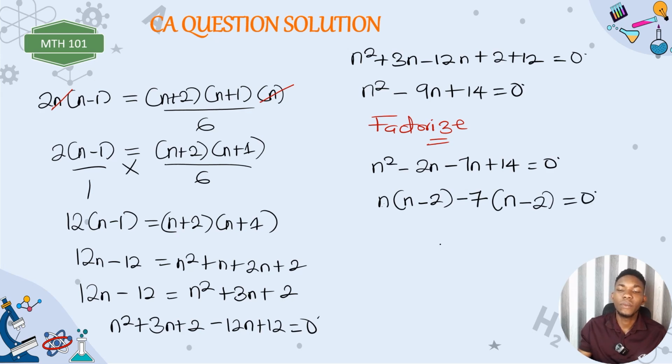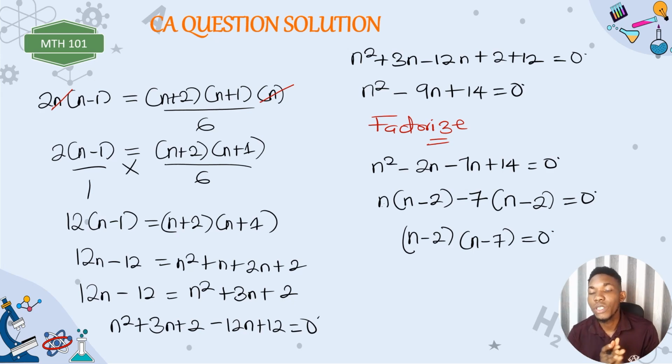Everything is equal to 0. Now, what is common? These two brackets are common, so you take n minus 2 once, and what you are left with is n minus 7 equals 0. Now you collect one of these, and then you collect this and this. By now, you are supposed to have learned how to solve quadratic equations.